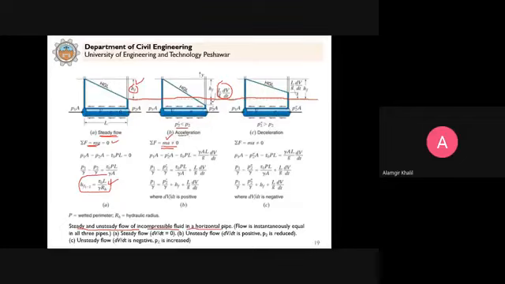When we have acceleration in the flow, the fluid flow is accelerating, and then this is the equation. Because it is accelerating, dV by dt is positive. And if it happens that there is deceleration of flow, then in this case this term L by g dV by dt will go up, because dV by dt is now negative. The fluid is decelerating.